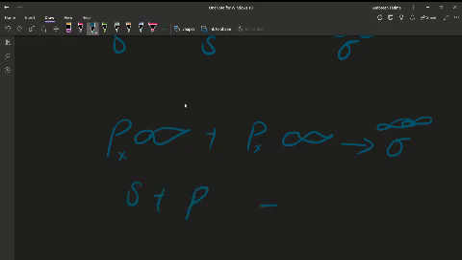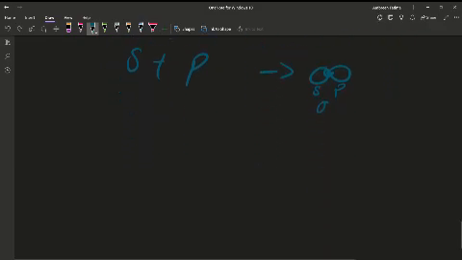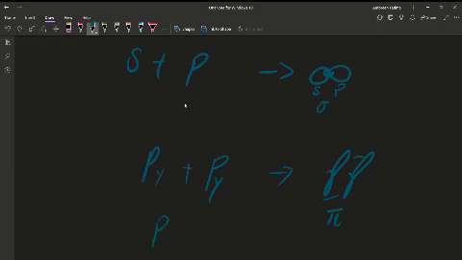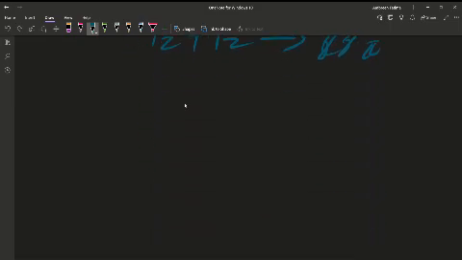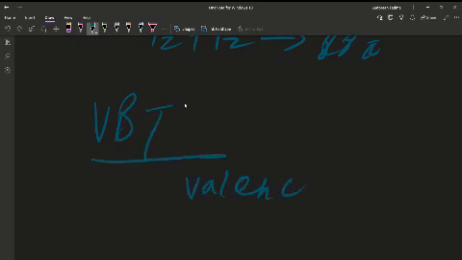S and p also form a sigma bond. But py and py are formed by side to side overlapping, and this forms a pi bond. And pz and pz also form side by side overlapping, and this also forms a pi bond. And this type of overlapping is explained in VBT, which is also called valence bond theory.